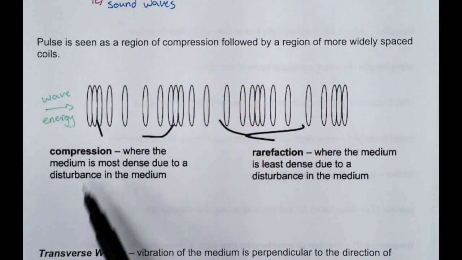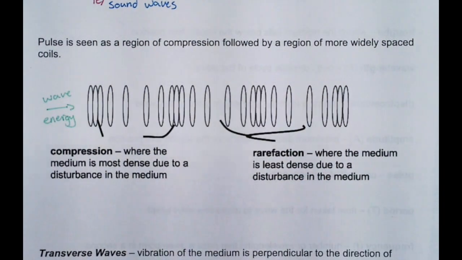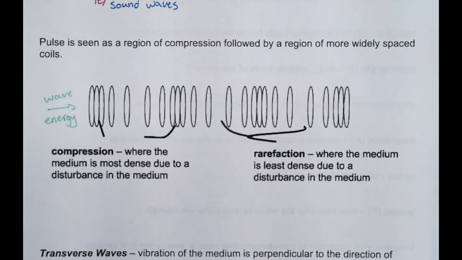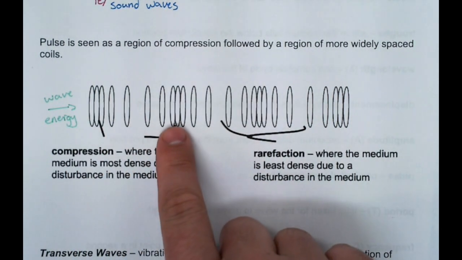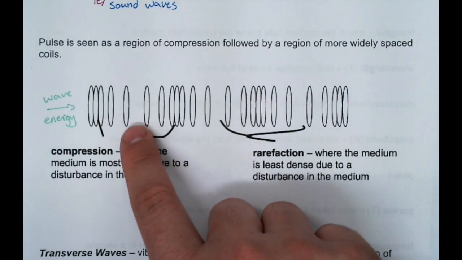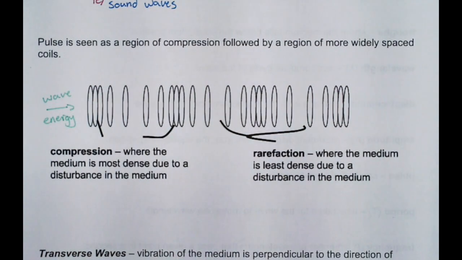Where it's close together, we call that the compression. It's where the medium is most dense due to the disturbance in the medium. Where it's compressed or squeezed together, that is right where you're going to initially have your wave energy. As those are squeezed together, that means it's pulling away, and you're going to have this wider part here as well.